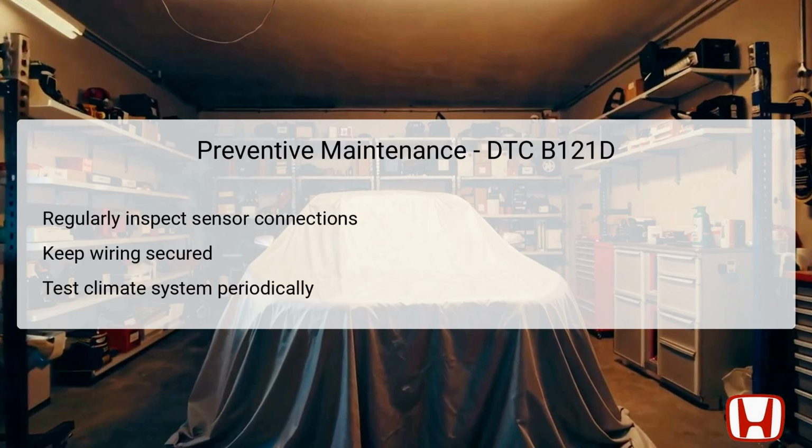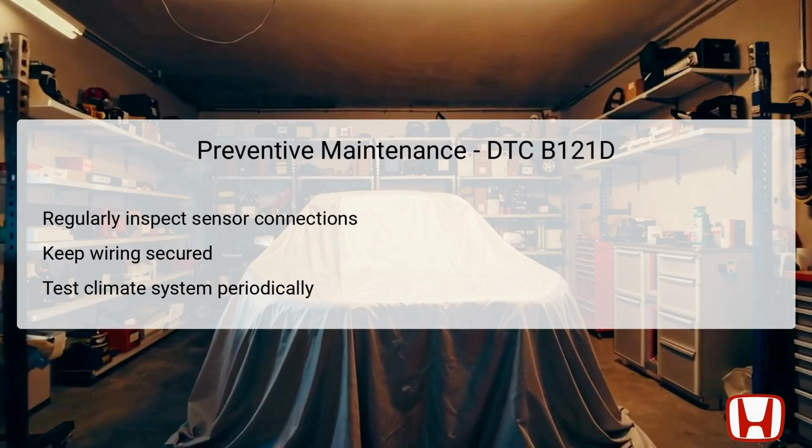To prevent recurring issues related to DTC B121D, a proactive approach to maintenance can be beneficial. Begin by routinely inspecting the connections and wiring associated with the humidity/in-car temperature sensor. Ensuring that these wires are not frayed or damaged can prevent communication failures from occurring in the future.